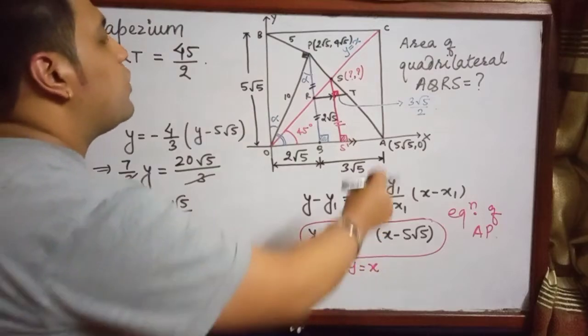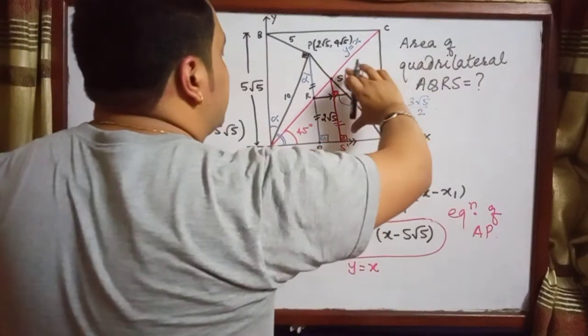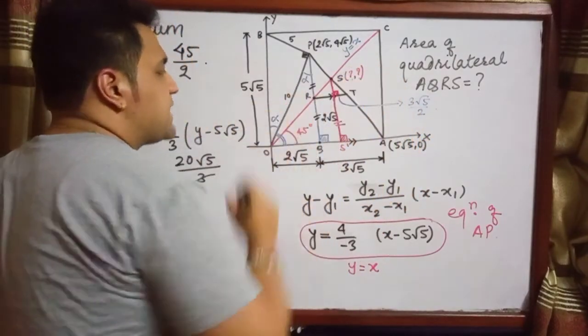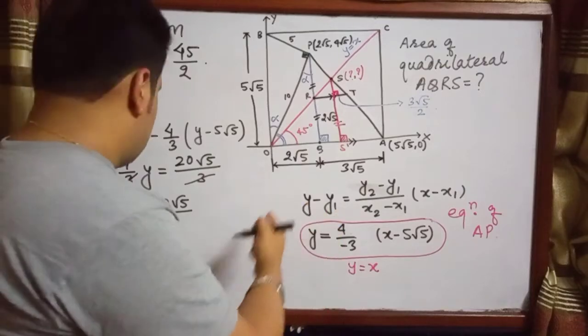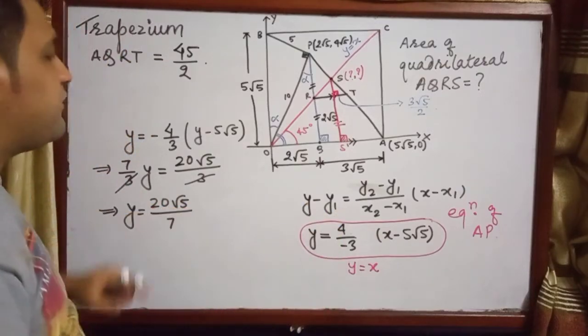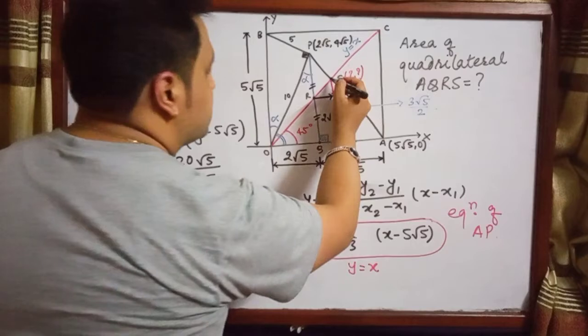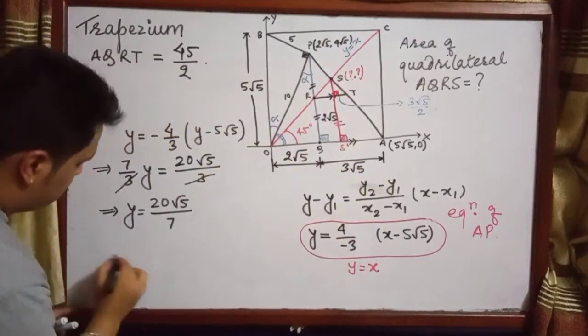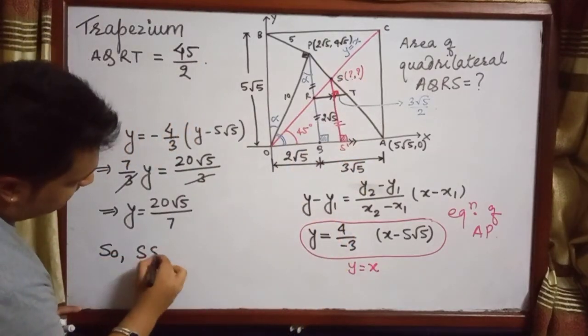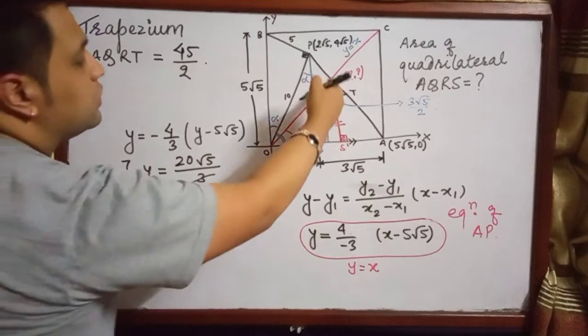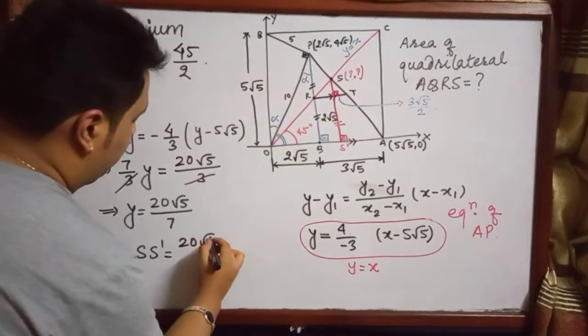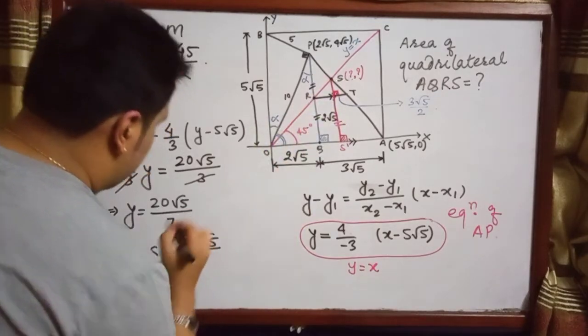So the y coordinate of this point S is 20 root 5 by 7. So this whole length SS dash is equal to 20 root 5 by 7.